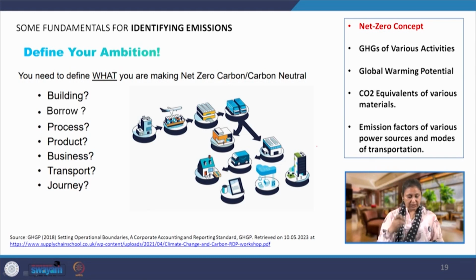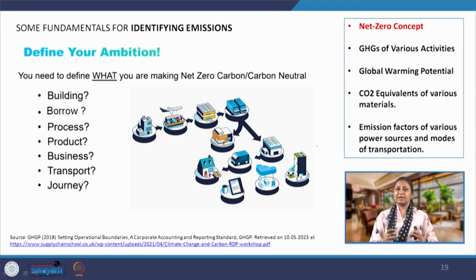We have to define what we are making net zero carbon. So, defining the boundaries. We will see where all the net zero concept can really be applied. Often we cannot apply the net zero concept to the entire organizational boundary or the entire operational boundary. It could be done, but for bigger organizations it is difficult.